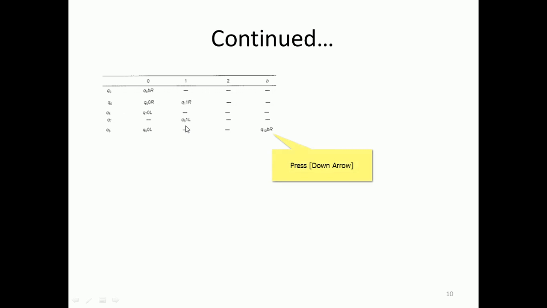Q8 goes to Q0 with L, and Q10 when the blank symbol is read, that is Q10 B comma R. And we have Q9, that is Q9 on 0 comma L. When you read 0, the 0 will be maintained and move towards the left side.